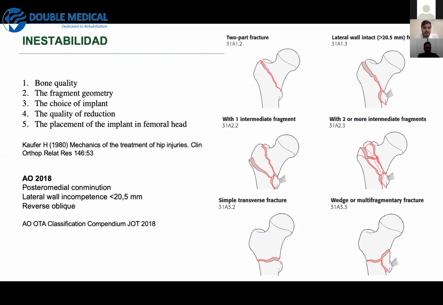In 2018, the AO updated the classification of this type of fracture. They focus on instability when you have a combination of posteromedial fragments and lateral wall incompetence, defined as less than 20.5 millimeters. Also, when you have a reverse oblique fracture.